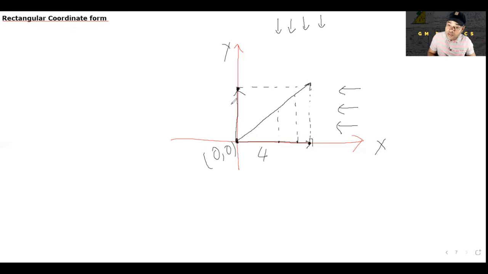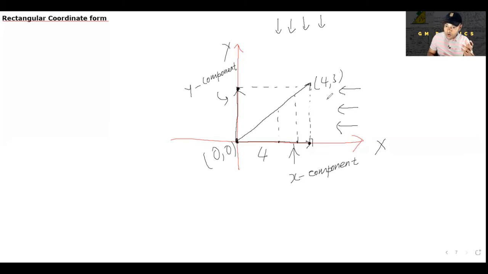This is called the y component of the vector. Let me write. This is the x component of the vector, and this is the y component of the vector.